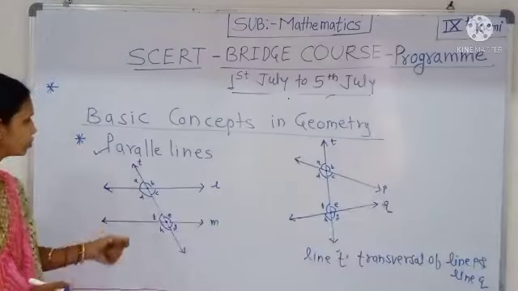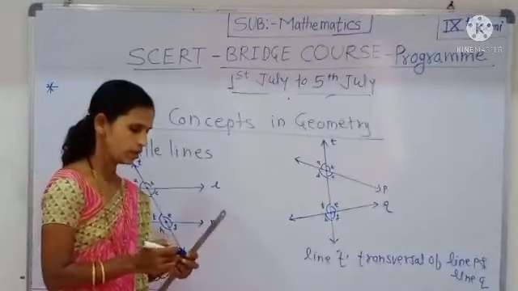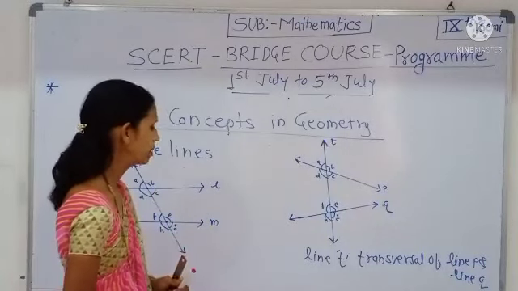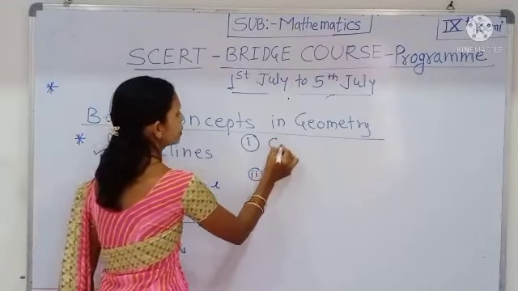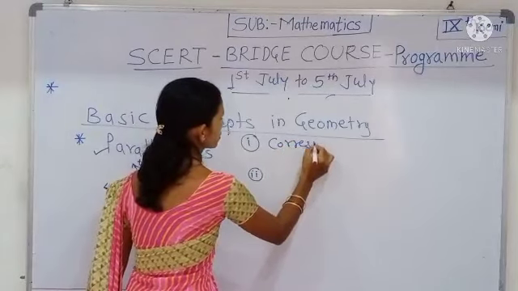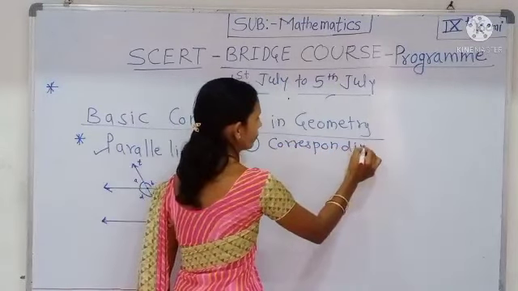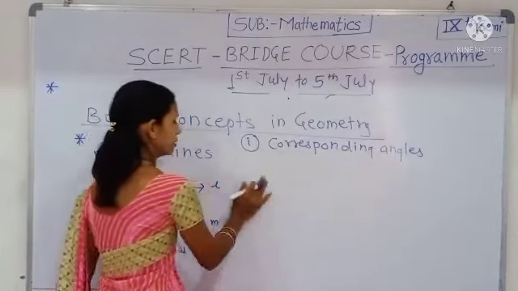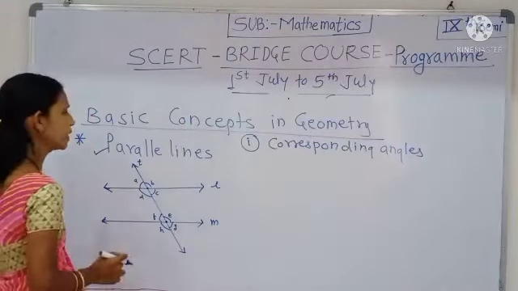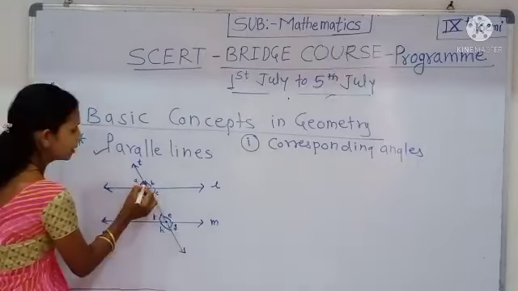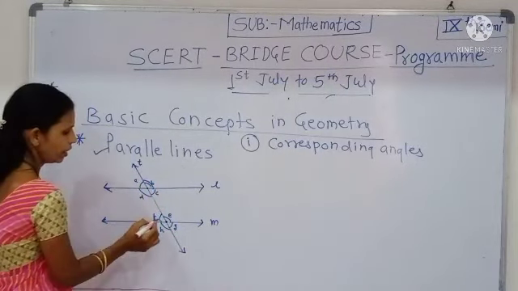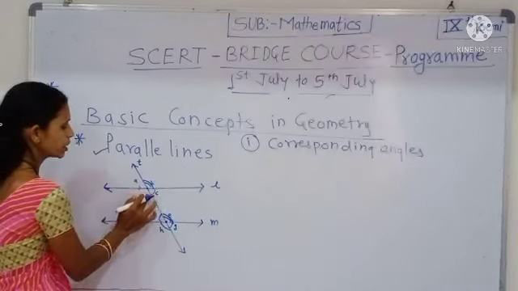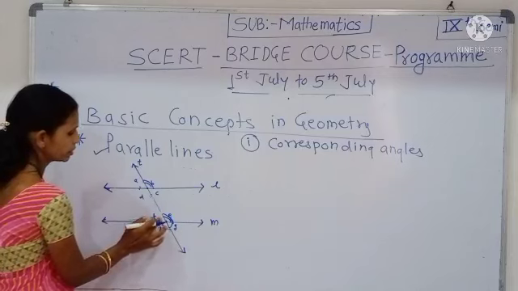Then, because of the transversal, different types of angles are formed, that is, corresponding angles. See here, angle B and angle E are corresponding angles.